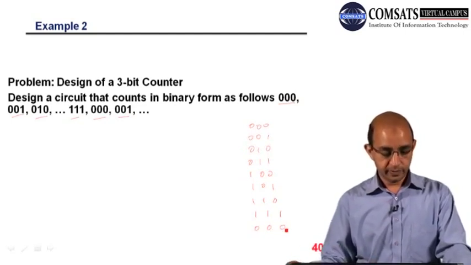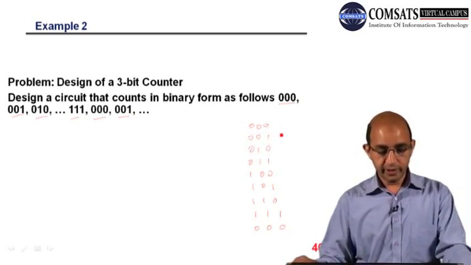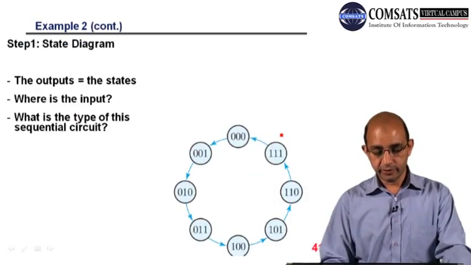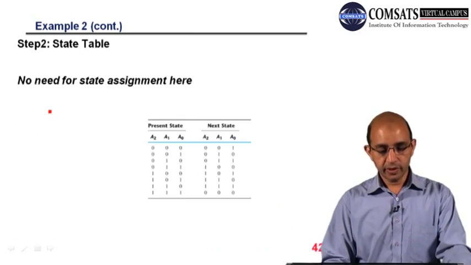So it will be oscillating all the time. We start from 0 0 0, 0 0 1, and after 1 1 1, we have 0 0 0 on the next clock. So we need a state table.